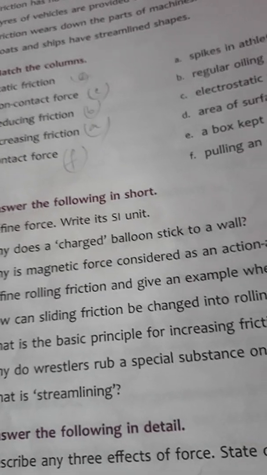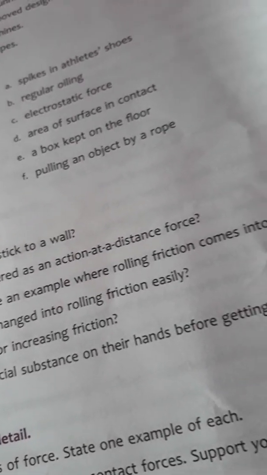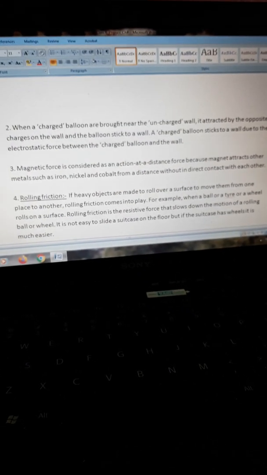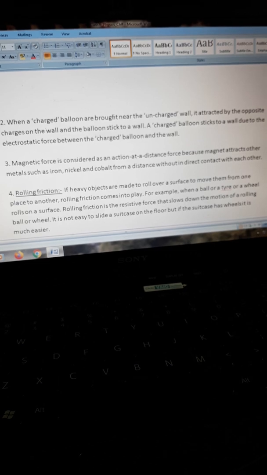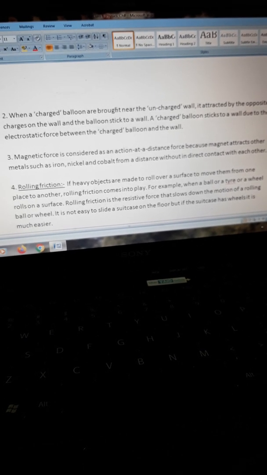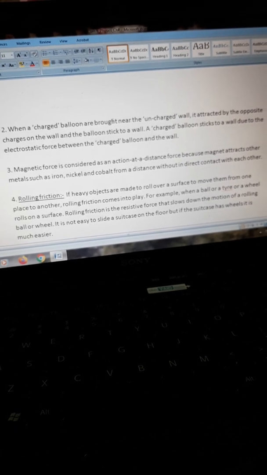Question number 4: define rolling friction and give an example where rolling friction comes into play. So, rolling friction: if heavy objects are made to roll over a surface to move from one place to another, rolling friction comes into play.